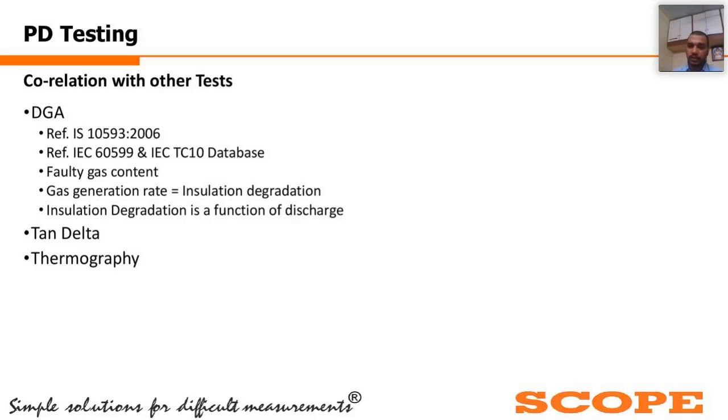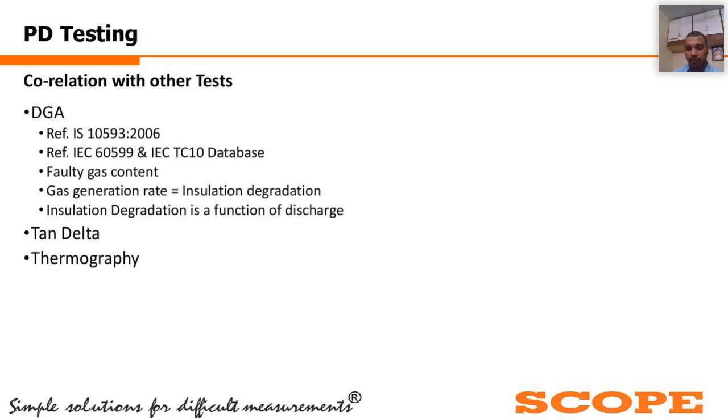Now, thermography is one more thing that is available. But there is one demerit with thermography as compared to partial discharge: thermography is useful only after your defect has gone so bad and the discharges are happening so much that it causes a hotspot that can be measured by a camera standing at a certain distance, let's say 5 meters or 10 meters.